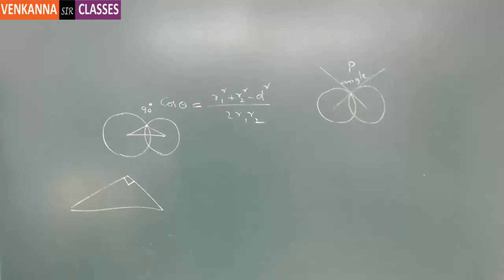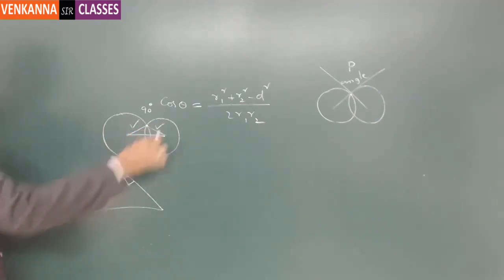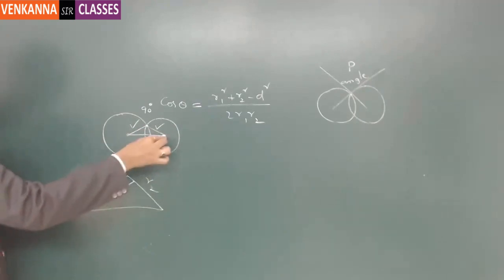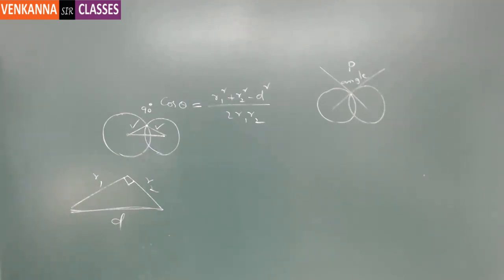So whenever two spheres intersect orthogonally, this is nothing but the radius of one sphere, this is nothing but the radius of another sphere, and this hypotenuse is nothing but the distance between the centers. Accepted?